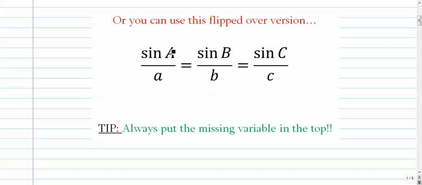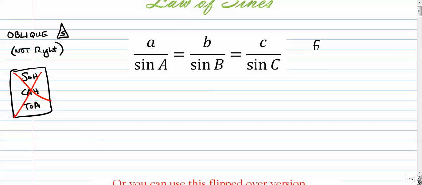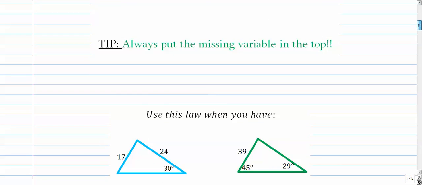If you're trying to find a capital letter, use the version that has the missing variable in the top. So if you're looking for angles, use this. Use this when you're looking to find angles, and use this when you're looking to find sides. Just makes it a little bit easier in terms of the arithmetic and the cross multiplication.